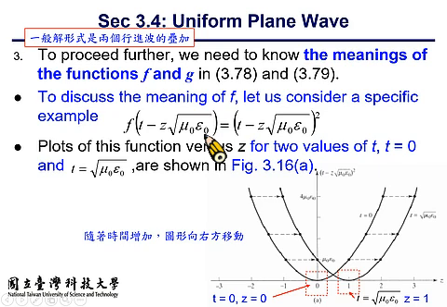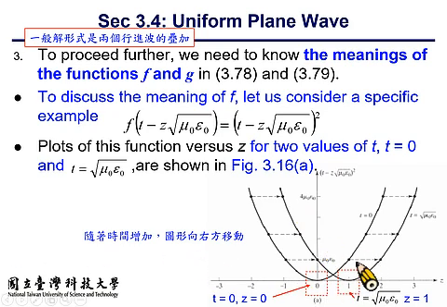So here is an example. If we simply define f as the square of the variable, that is t minus tau to the square, then at t equals 0, you find the dip of the parabola function is at z equal to 0.